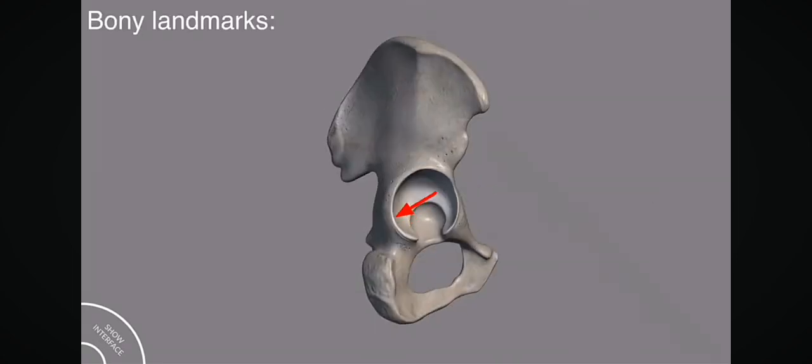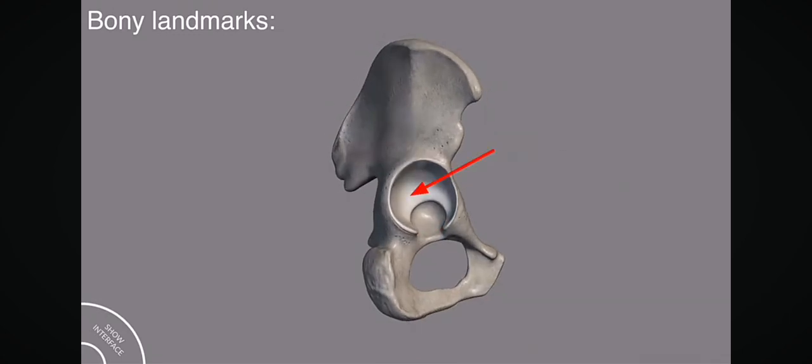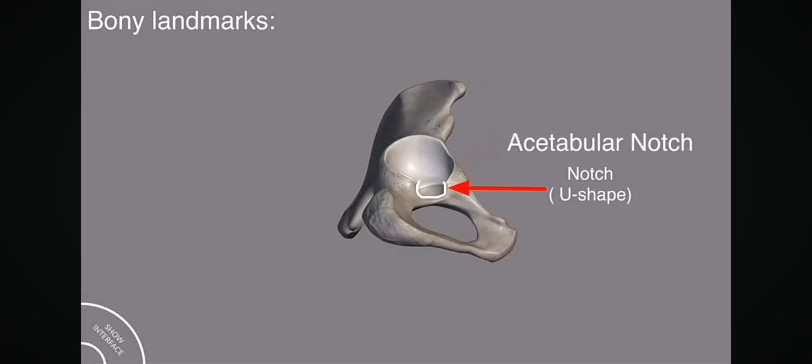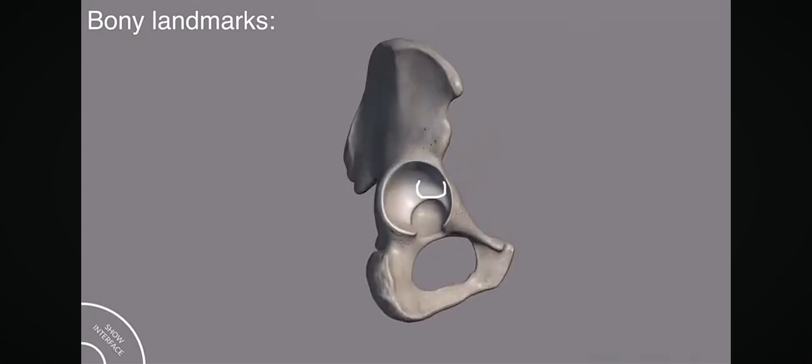The margin of the acetabulum is called the acetabular margin. Inside the acetabulum, this surface is called the lunate surface, and deep inside the acetabulum, this is called the acetabular fossa. Now this notch is called the acetabular notch.